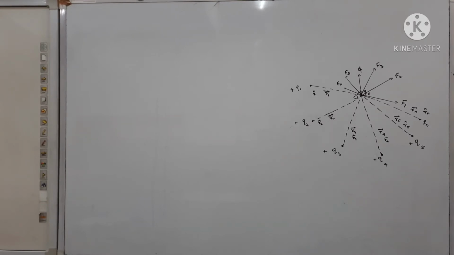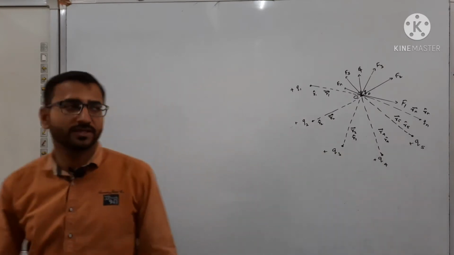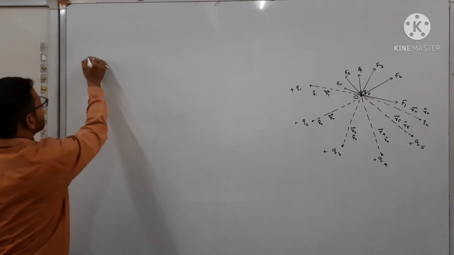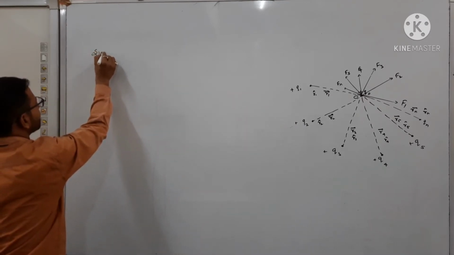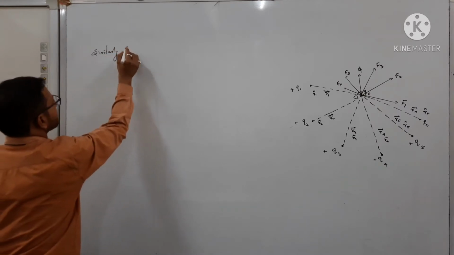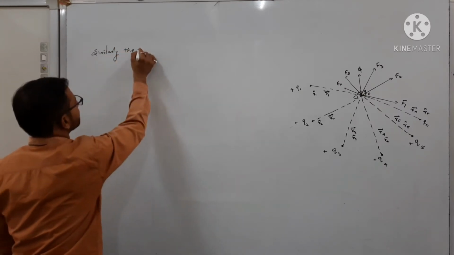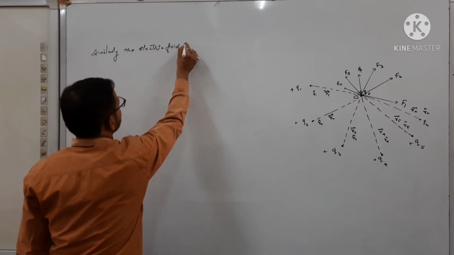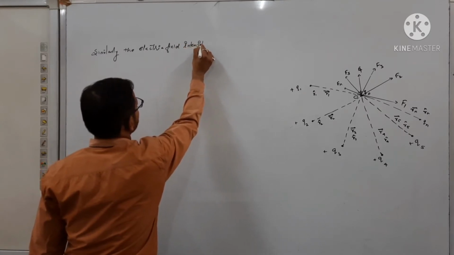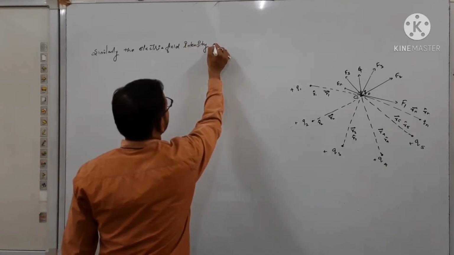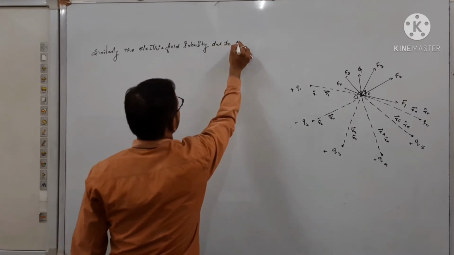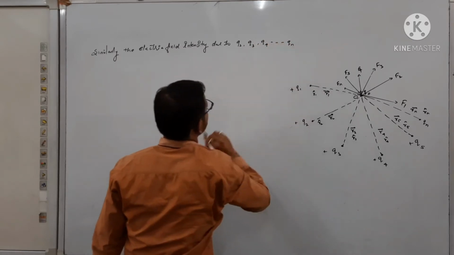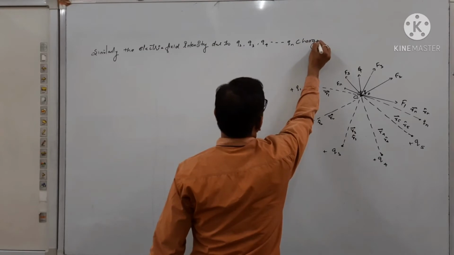So student, let's start the new topic of this derivation, in which we will calculate here the electric field intensity due to the charge Q2. Similarly, we can start the electric field intensity due to Q2, Q3, Q4 dot dot dot Qn charges.